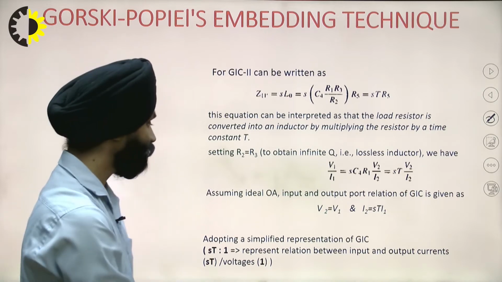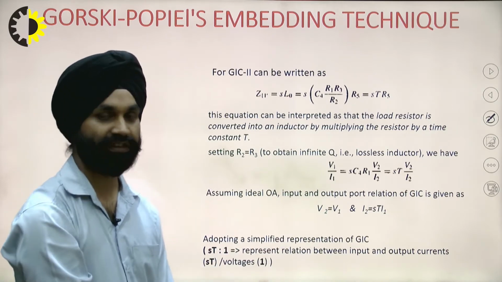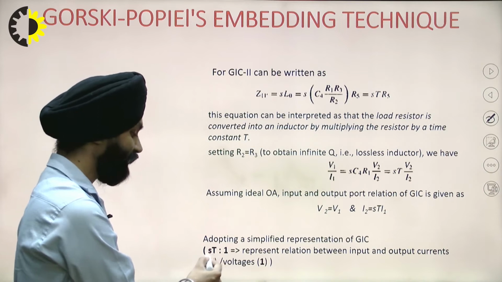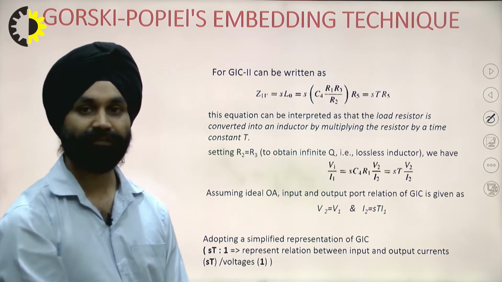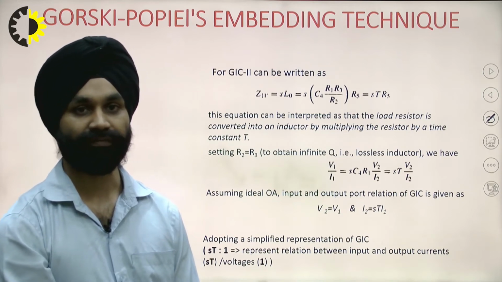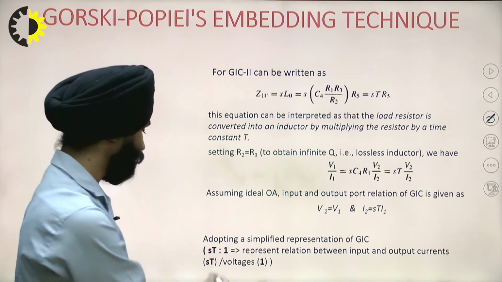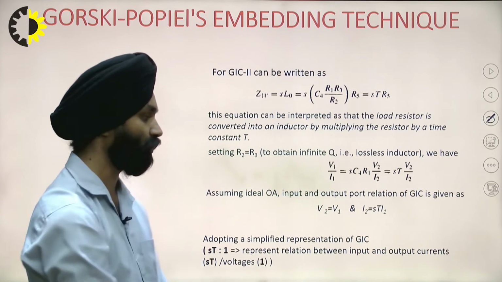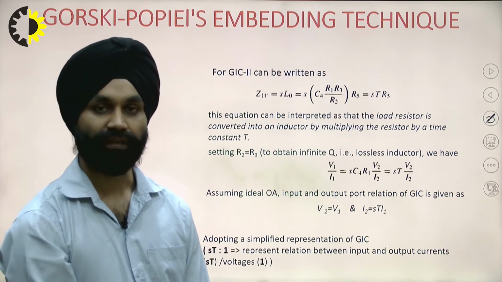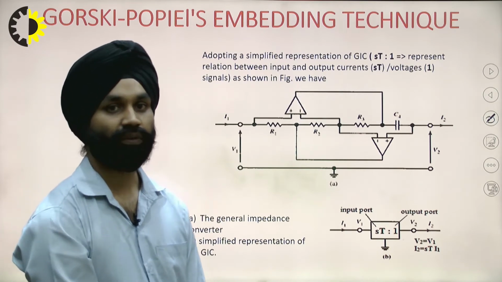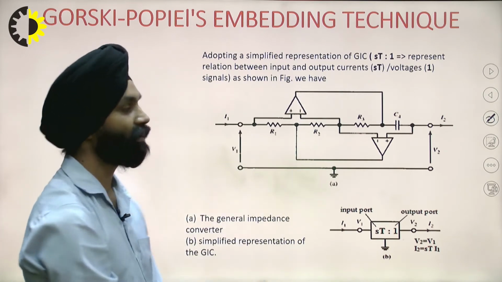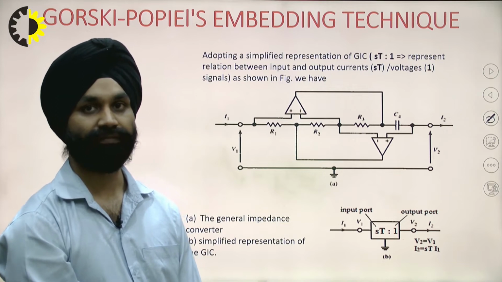So a simplified representation of the GIC is S T ratio 1, which is the relationship between the input and output currents, while the voltage ratio is 1.